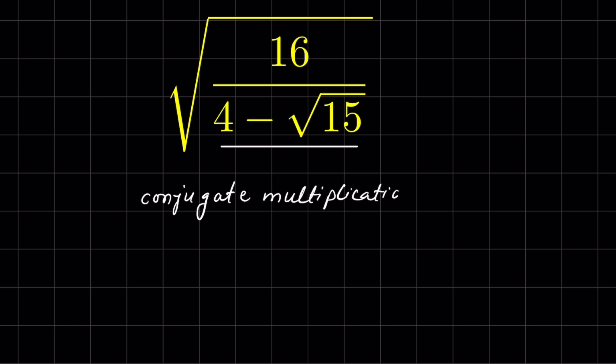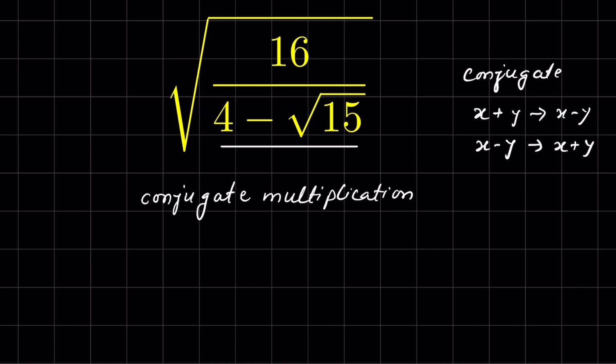What is conjugate multiplication? The conjugate of x plus y is x minus y, while the conjugate of x minus y is x plus y. So the conjugate of 4 minus square root of 15 will be 4 plus square root of 15.